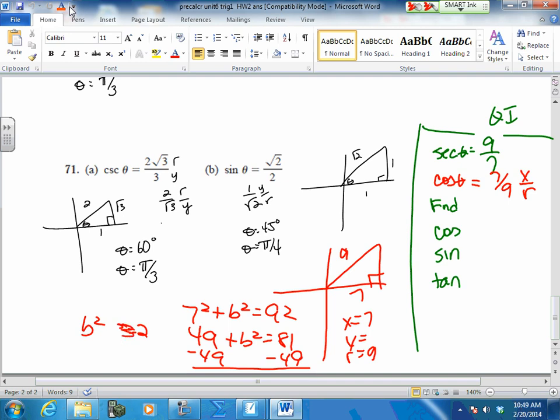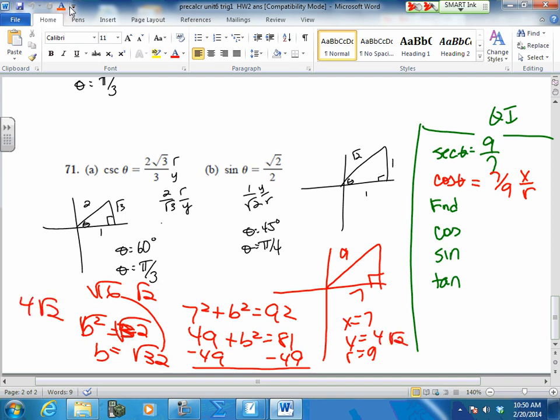Okay, so can I leave it radical 32? No. I have to take this out to a perfect square. 16 and 2. So, 4 radical 2 works for me.